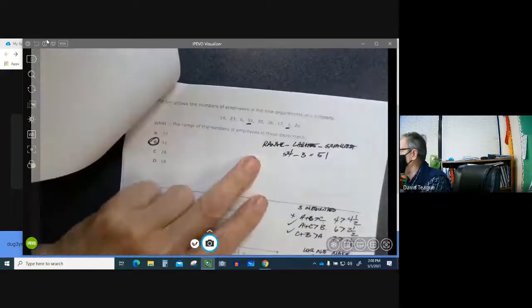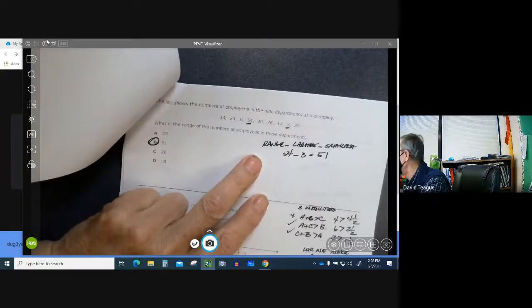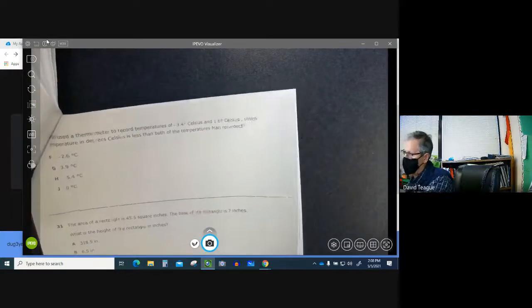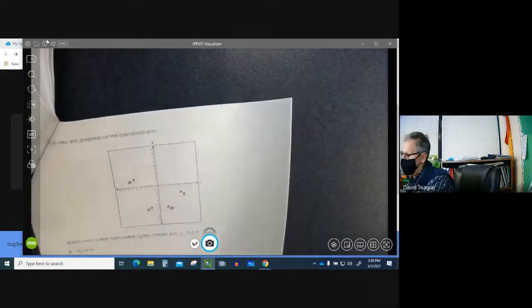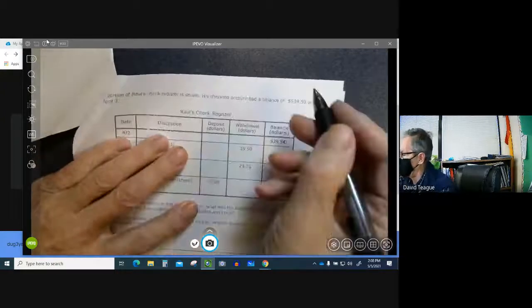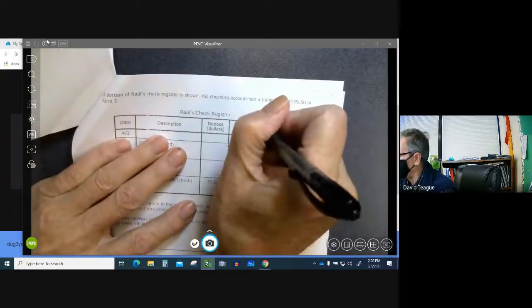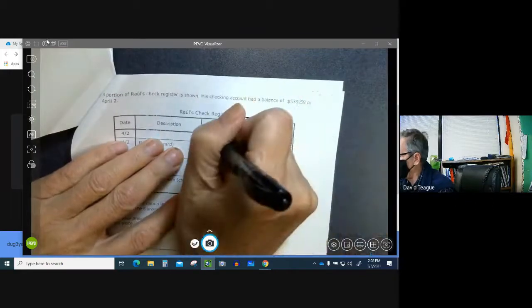They might ask you your mean, median, and mode. So make sure you understand that. Properties of a triangle. That's percent again. That's area. Plotting points. I think you guys did okay with that. And then this is a check register. Just remember that withdrawal means you're subtracting it from your account, and a deposit you're adding to your account.